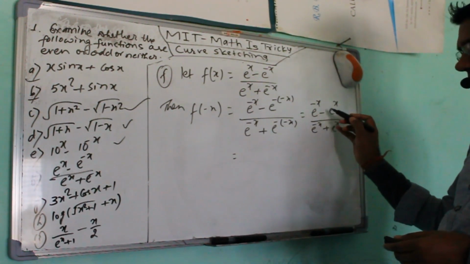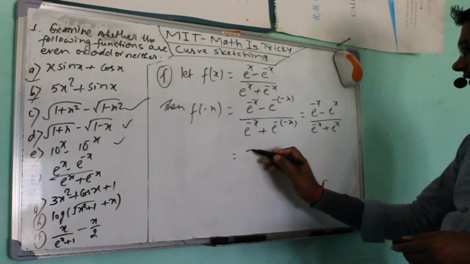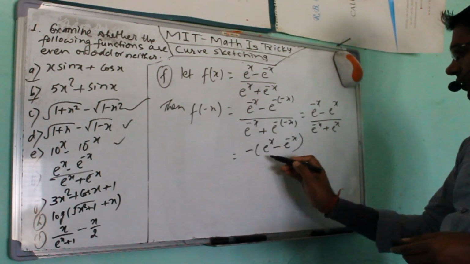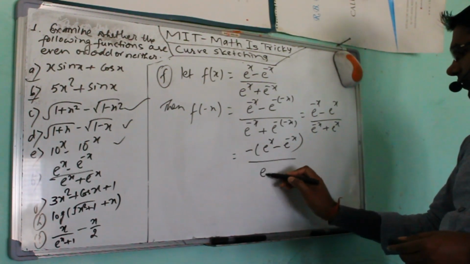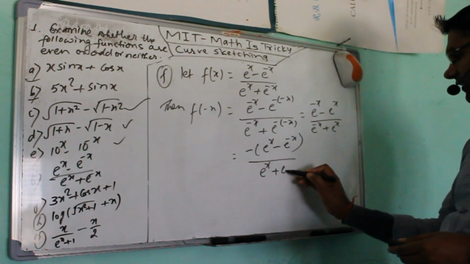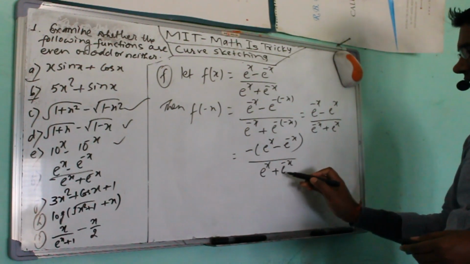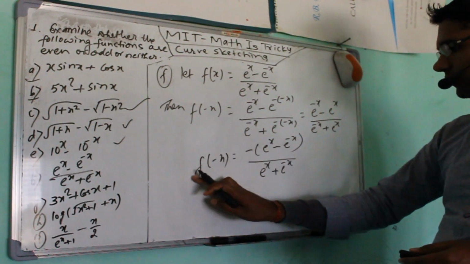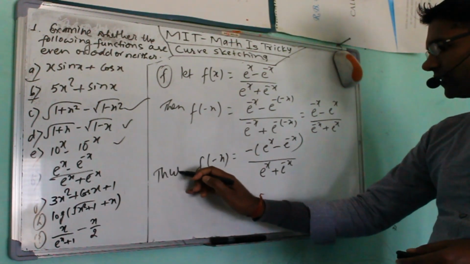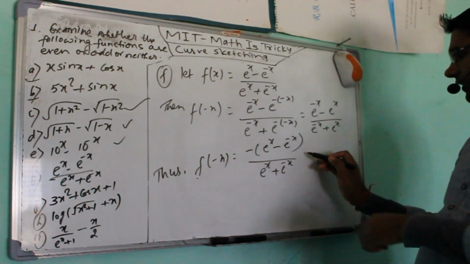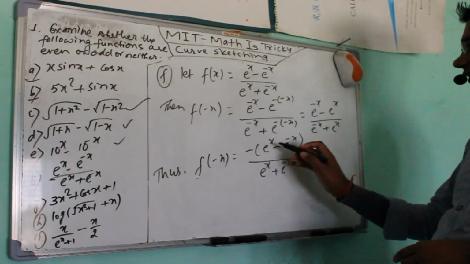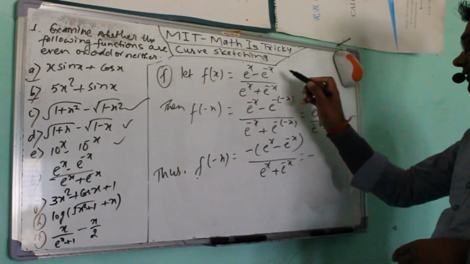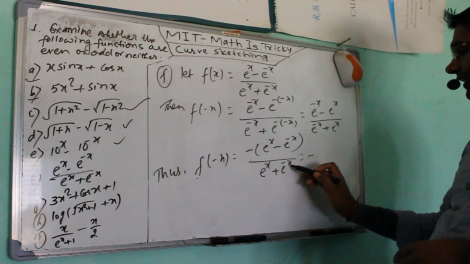If we take minus common from the numerator, we get e power x minus e power minus x, whole divided by e power x plus e power minus x.